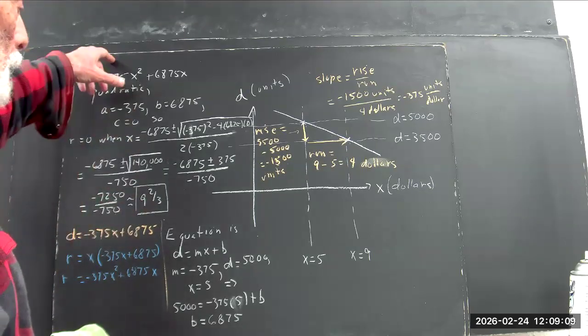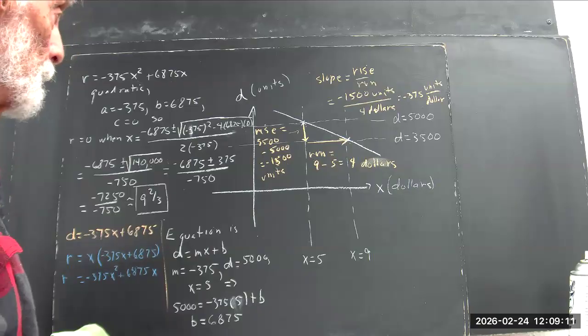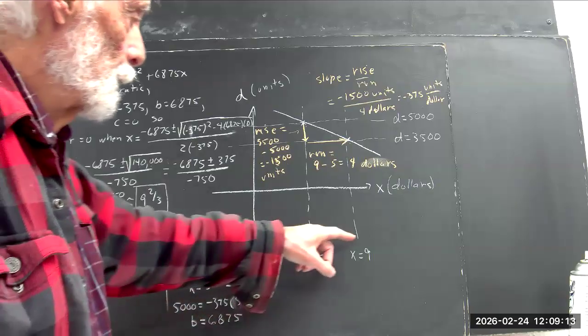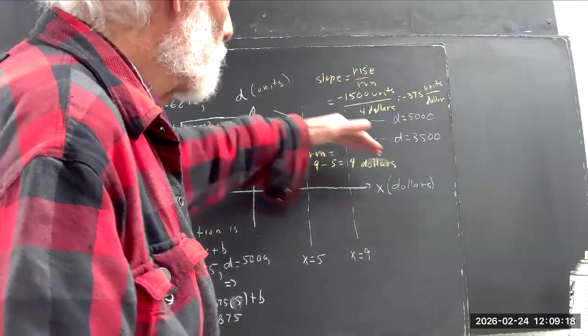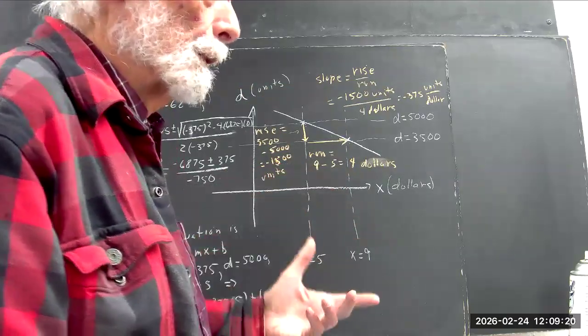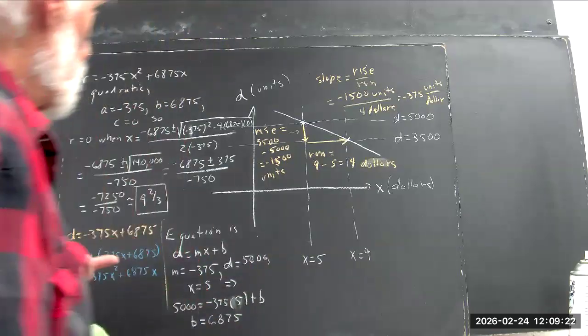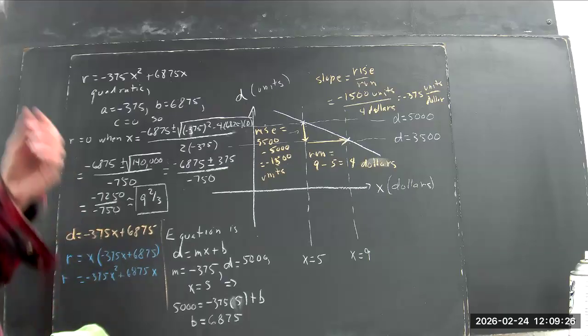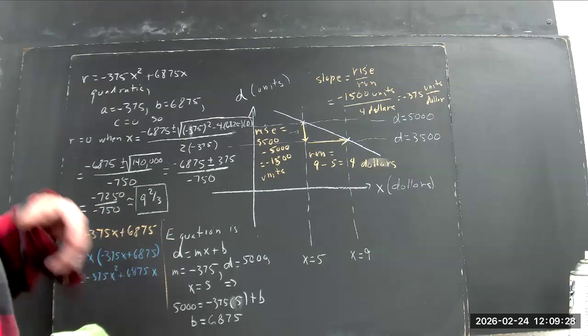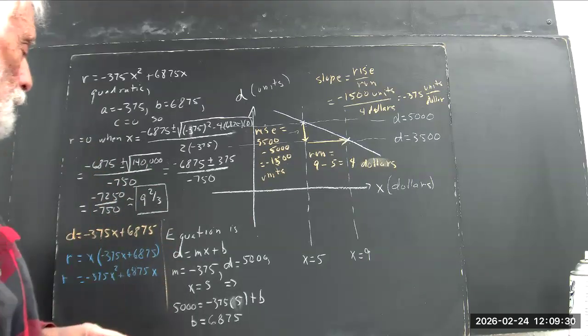I could now graph this function, but we're out of time. I'll just notice that 9 2/3 is a little more than 9. So we actually want to drop our price down a little bit below $5. Reason being, we're going to sell a lot more. And we're not going to sell as many. We're going to make more money from what we sell.